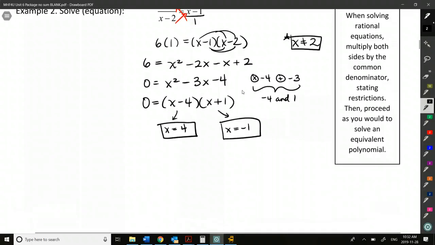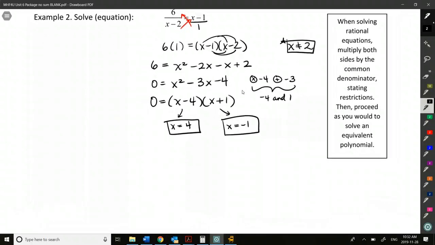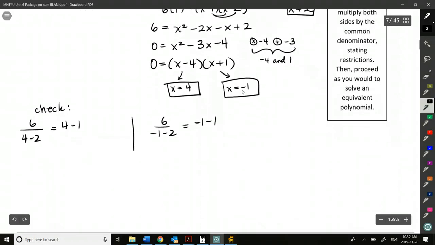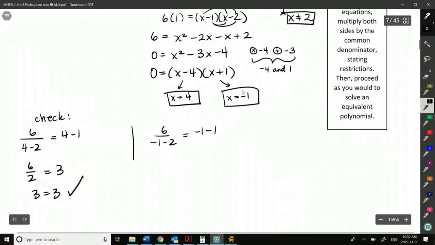And then I can check my answers. We're going to check both of them. I want to check that when x equals 4 in my equation, the left side equals the right side. And then I also want to check when x equals negative 1, that the left side equals the right side. So here I have 6 divided by 2 equals 3, and the left side equals the right side, so we're good.